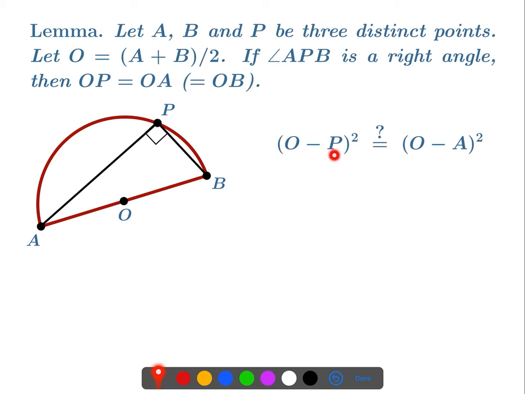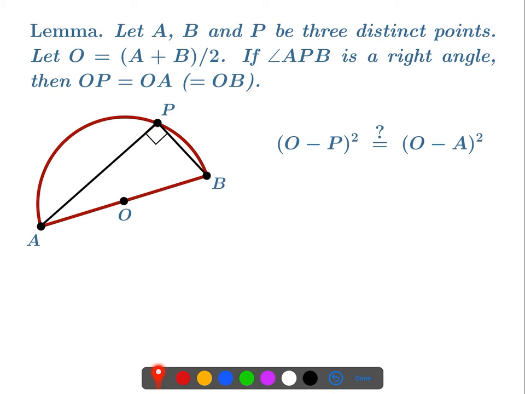Remember, we use this for distance. This is the distance from the vector PO. It's a distance squared. So distance squared of that vector. And this is distance squared of the vector from A to O. And we want to show those are the same. And that's the same thing then as saying that OP equals OA. That those distances are the same.